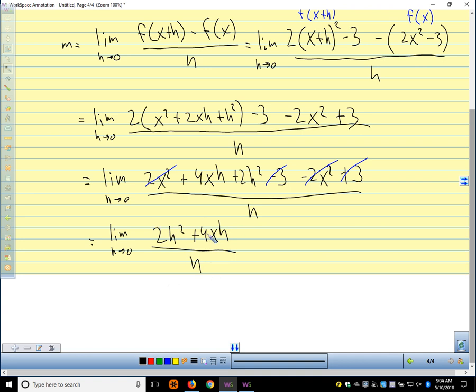Well, we have a common factor of h. I'm not going to factor it. I'm just going to cancel it out. So limit as h approaches 0 of 2h plus 4x. I canceled out one of the h's there and the h in the denominator. Now, as h approaches 0, what does this equal? 4x.